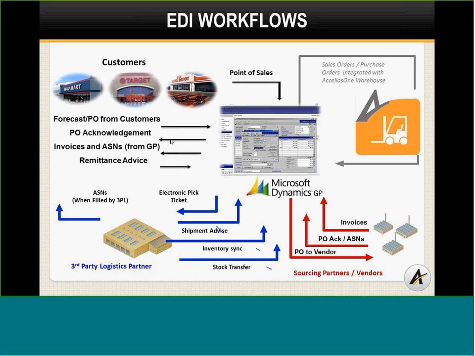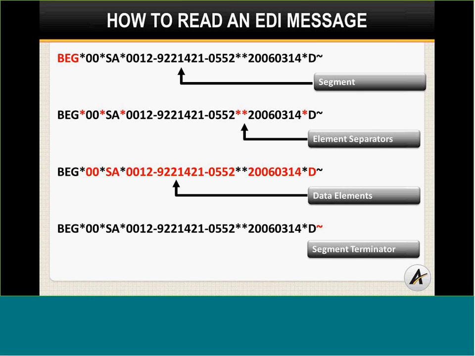They'll send back a 944, which is a confirmation of what they received, and then we in turn help drive the receiving process into Dynamics GP for that inventory and validate that they received the right inventory against the PO, and that closes out the procurement process so you can process the invoice from your supplier. If you are using EDI with one of your suppliers, it's really the inverse process that we covered with customers, so I won't go through that in detail. I think you probably get the point there.